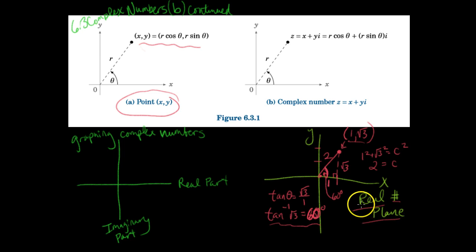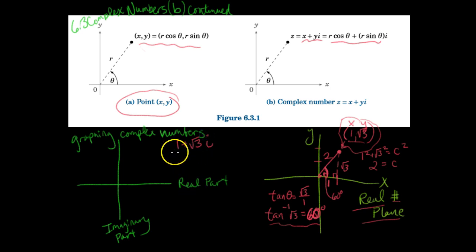So now what if we take something similar to this, (1, square root of 3), and I graph it. In this case, this was our x, and this is our y, and this is how I'm going to compare it to this and try to show you how it's equivalent in terms of the trig functions. So a similar thing with x and y would be 1 plus the square root of 3 i.